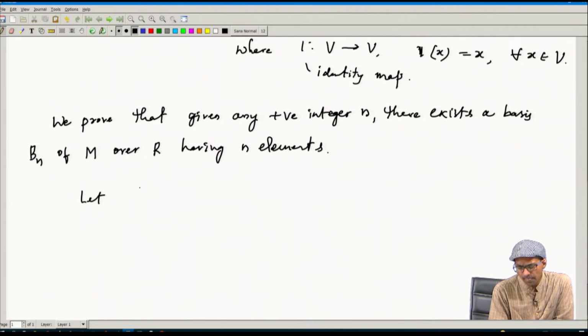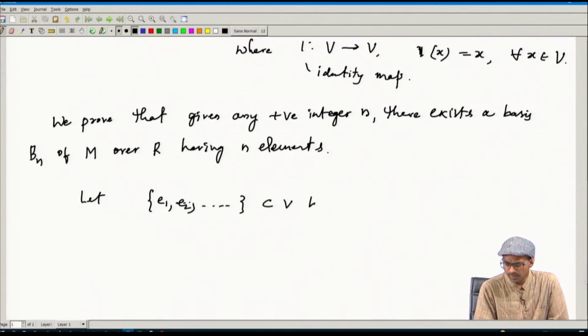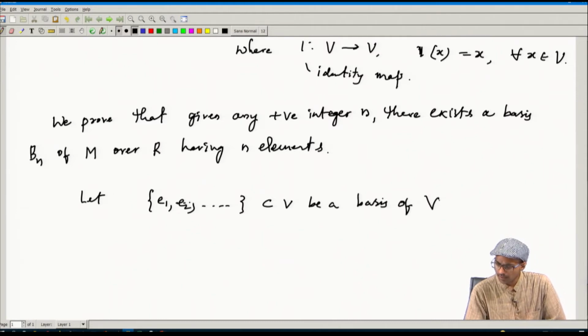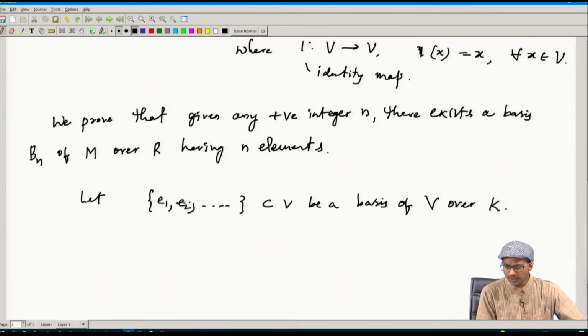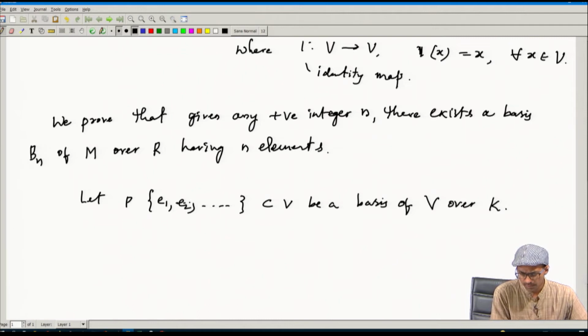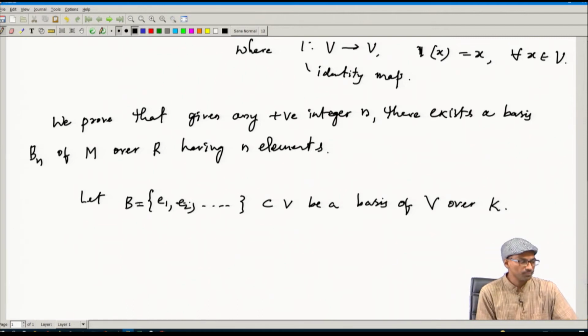Let E1, E2, E3 and so on be contained in V, a basis of V over the field K. A countably infinite basis, and I denote it as B.